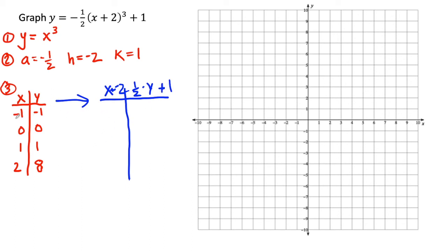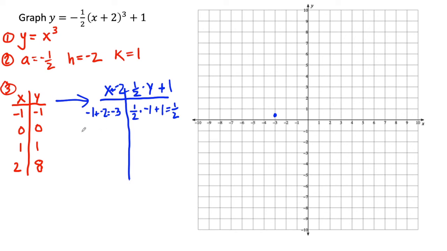So when I do negative 1, negative 1, well, negative 1 plus negative 2 gives me negative 3, and then negative 1/2 times negative 1 plus 1 will give me 1/2. And so at negative 3 on the x, I go up half to find my y value.